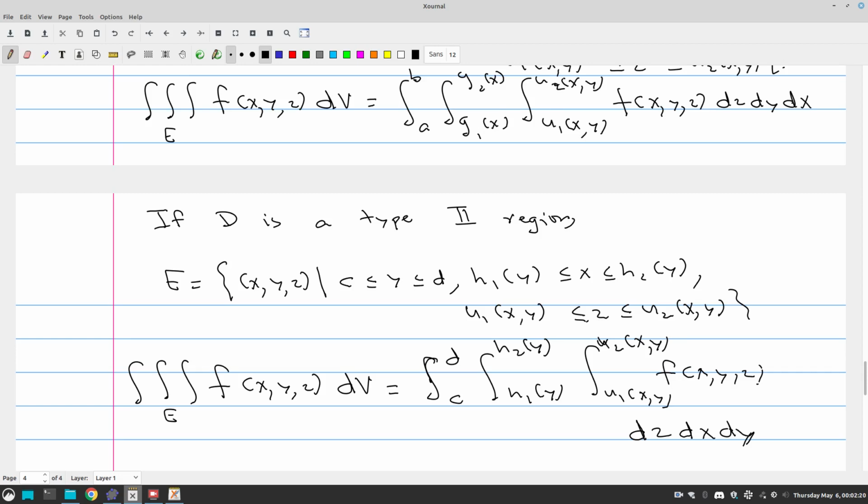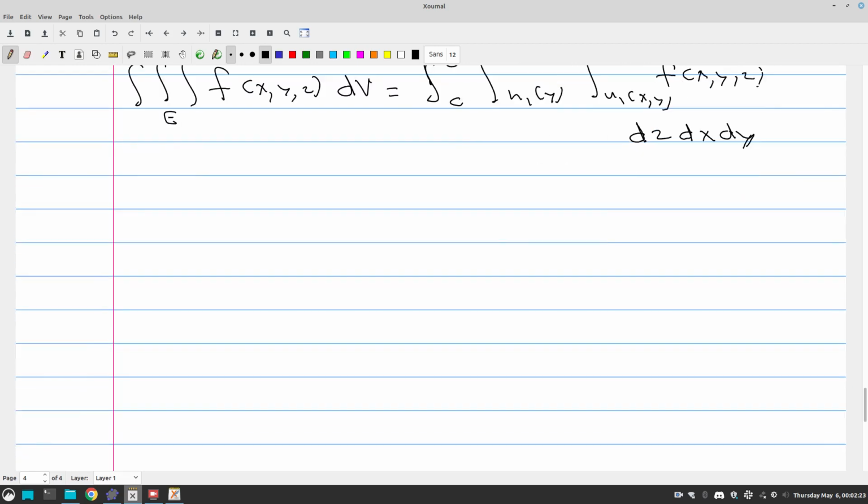Example 2 basically says that you have to evaluate the integral of z dV, where E is a solid bound in the first octant, bound by the surface z equals 12xy, the plane y equals x, and y equals 1.